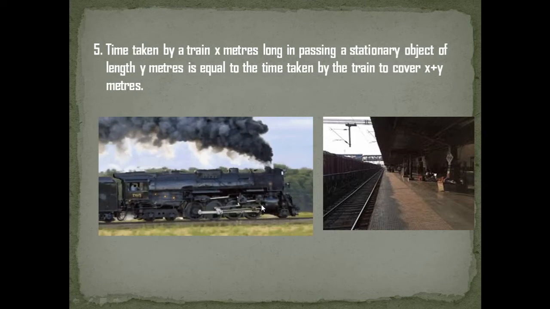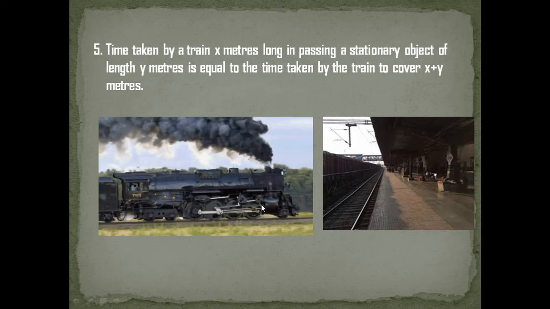Whereas the time taken by a train x meters long in passing a stationary object of length y meters is equal to the time taken by the train to cover x plus y meters. It is very simple. Say the train length is x meters and there is a station whose length is y meters.